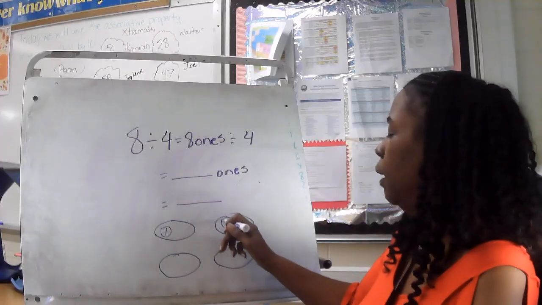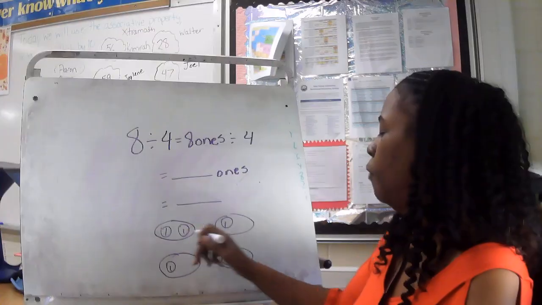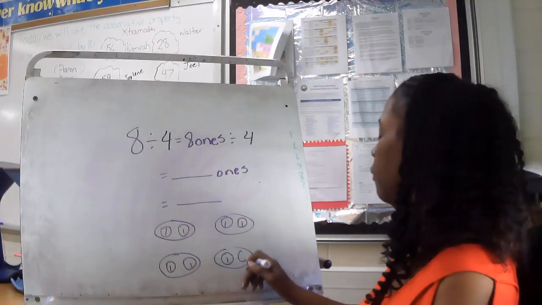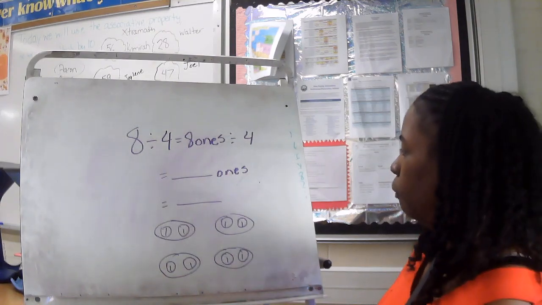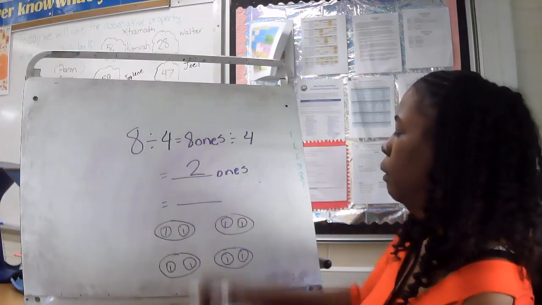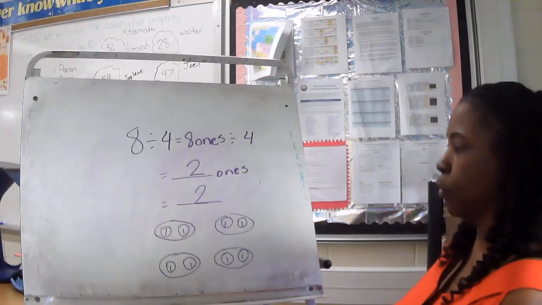So I give you one, each one gets one, that's 4. I come back around, 5, 6, 7, and 8. Okay? So how many ones did I have in each group? I had 2. Okay? And so that is 2. 2 ones is the same as 2.